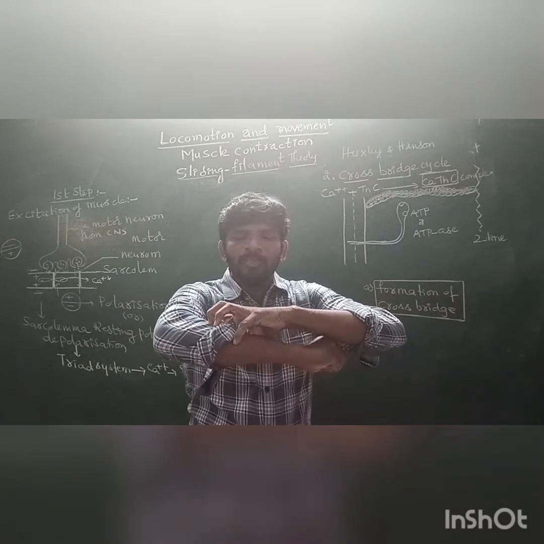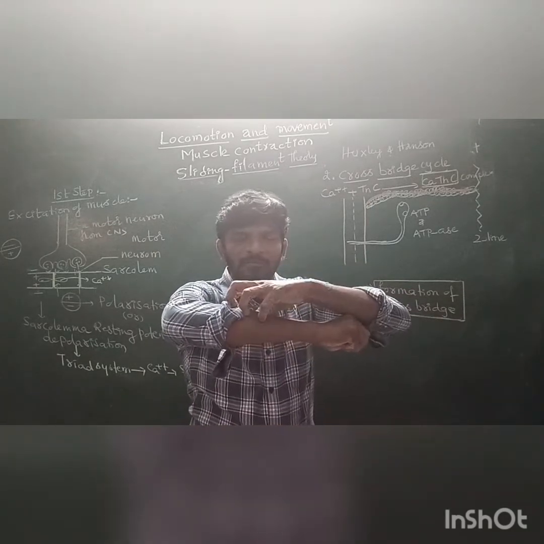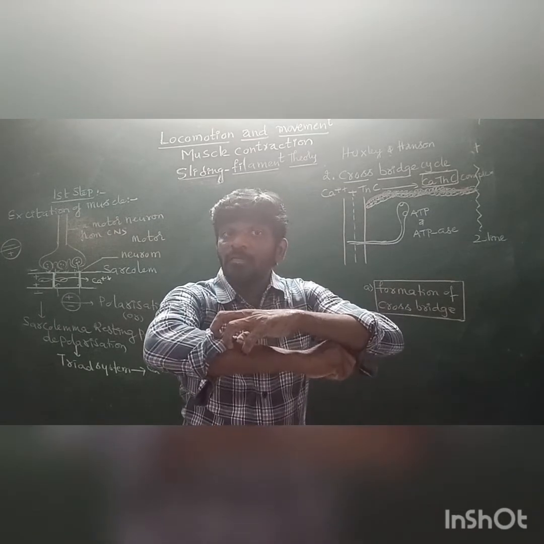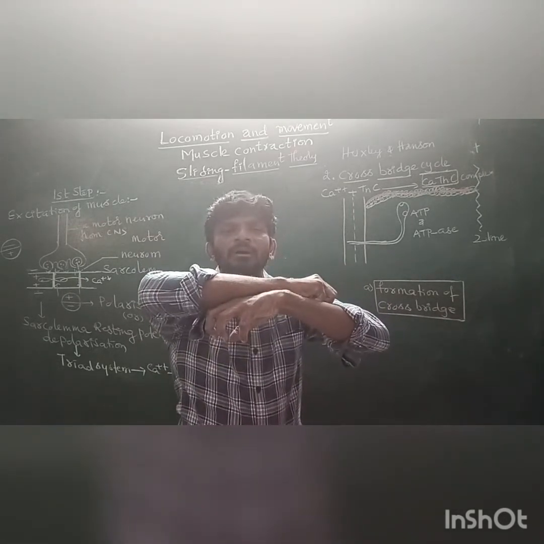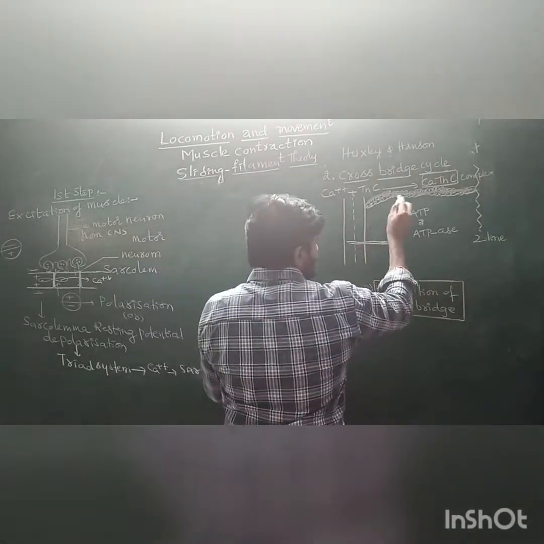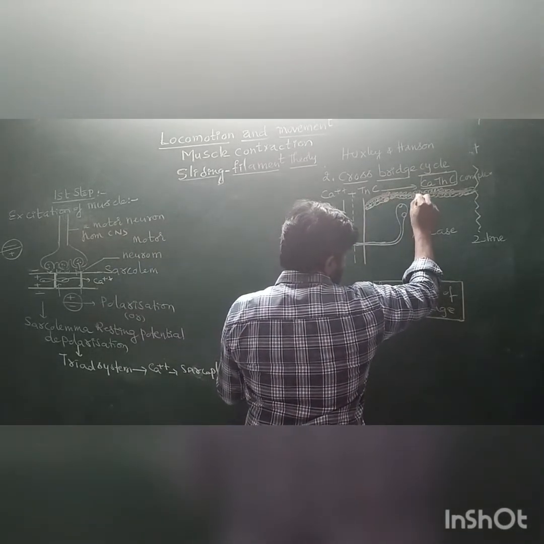Even though the myosin head is present here and the active site is open, for this fixation, for this configuration, and for this movement of the head, it needs energy. That energy is provided by the hydrolysis of ATP. I repeat again, this is the first conformation of the head of the myosin.